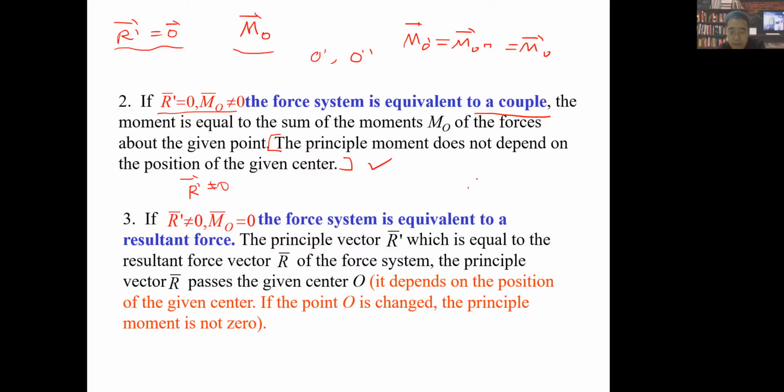I can draw a body, just like a potato here. Whatever the original force system is, if we select this point O, we find the original force system is equivalent to just a force R prime.